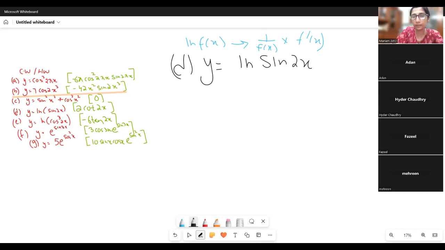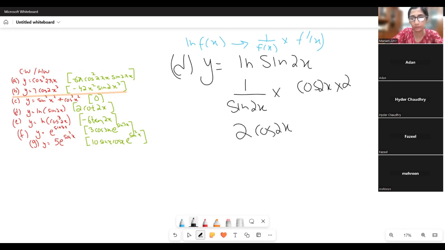So keeping that in mind, let's bring sine 2x in the denominator, which is fx in this case, and then multiply the derivative of sine 2x. The derivative of sine 2x is going to be cos 2x, and then derivative of 2x, which is 2. So the answer should be 2 cos 2x in the numerator upon sine 2x.